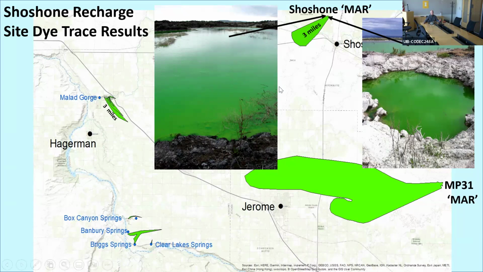And we did 2 traces at this location, and this is the green fluorescein dye in those basins. And by the way, our reports for nearly all of these traces are on our website under the technical documents. So you'll find the Shoshone trace report at the Managed Aquifer Recharge site located there.